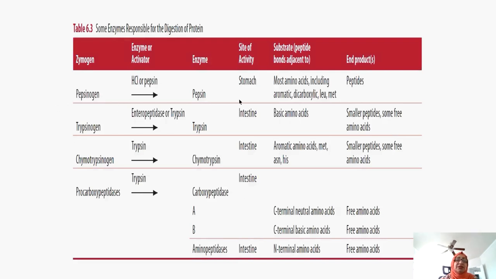So let me start with the stomach. This is the first place we should be able to actually digest our proteins. And in the stomach, we should have pepsin.